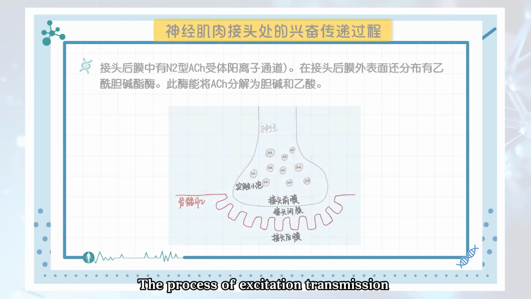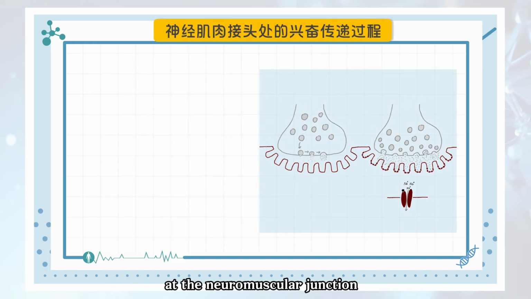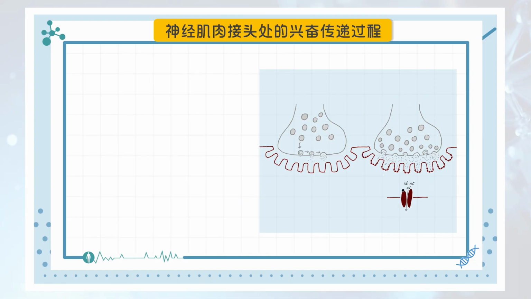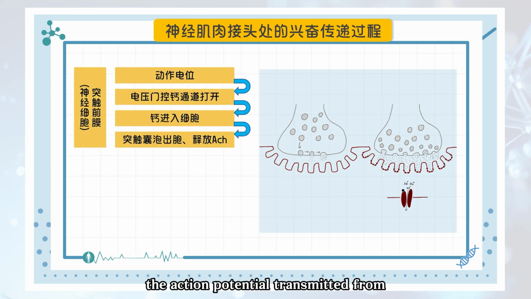The process of excitation transmission at the neuromuscular junction has the characteristic of electrical-chemical-electrical transmission. Specifically, the action potential transmitted from the motor nerve fiber to its terminal is the electrical signal.